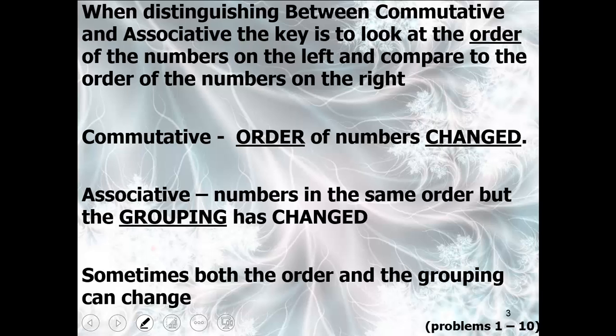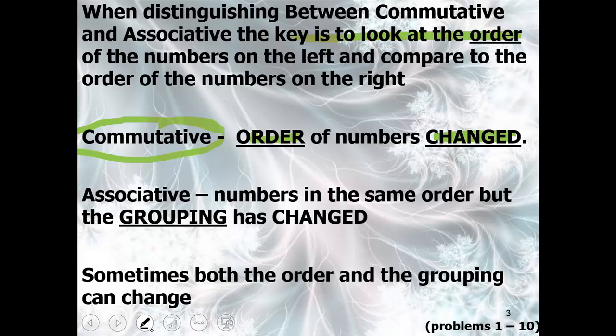Okay. When distinguishing between commutative or associative, my recommendation is look at the order. Look at the order of the numbers on the left and compare it to the order of the numbers on the right. If the order has changed, then you've used the commutative property.